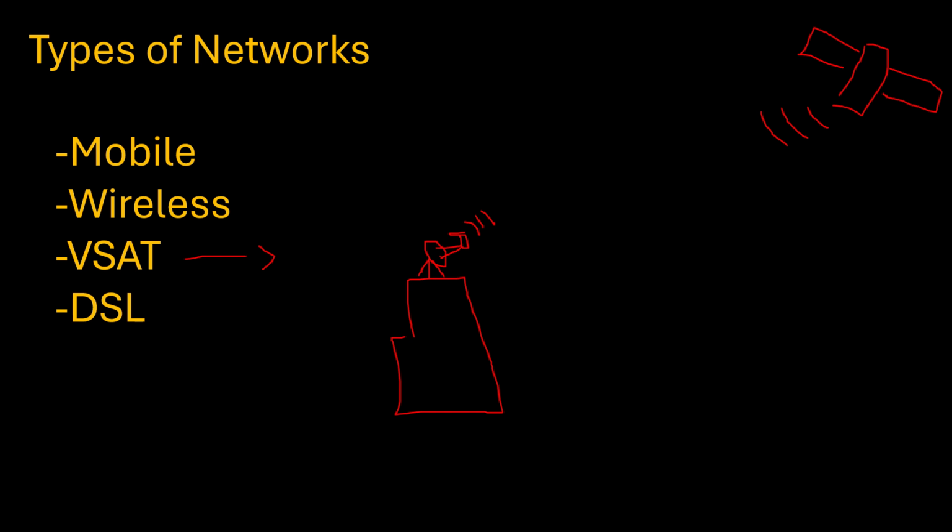So you might be in a place where you do not have access to DSL, or you do not have access to the mobile networks or other types of networks, and the only option that you have might be VSAT or might be wireless. So you should be able to make the best decision. Now that's VSAT, we're going to have a lecture just for VSAT as well.